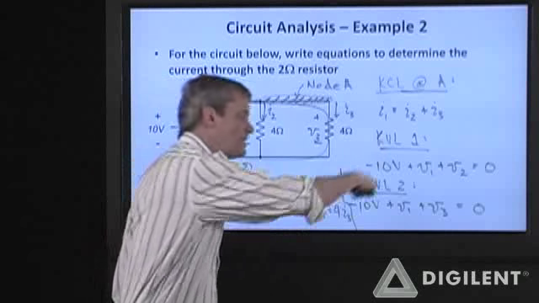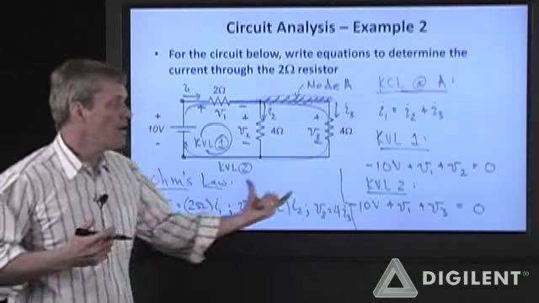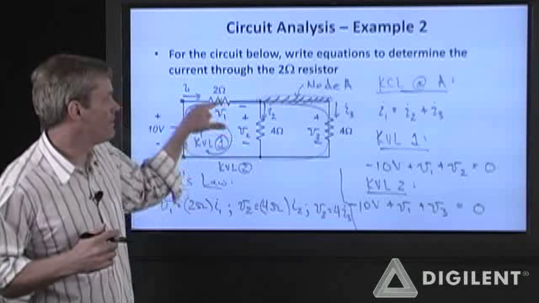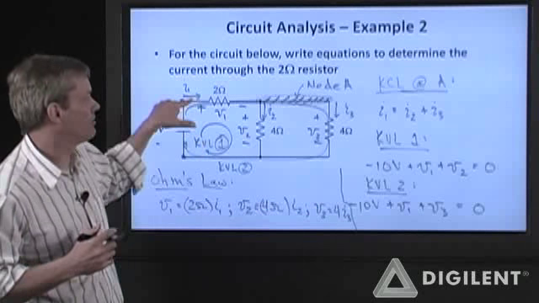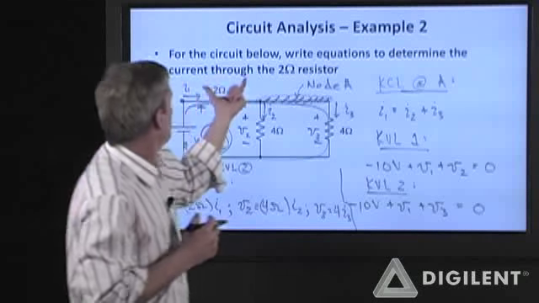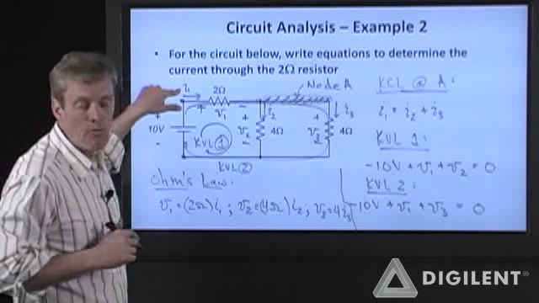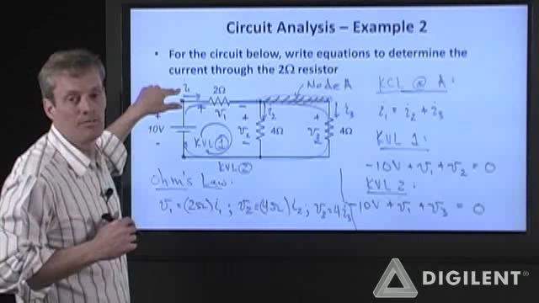I now have 6 equations and 6 unknowns. I can go away and solve those. When I solve them, then I will know what V1, V2, and V3 are. I will also know what I1, I2, and I3 are. I want to find the current through the 2 ohm resistor. I just need to pick I1 out of the resulting unknowns.